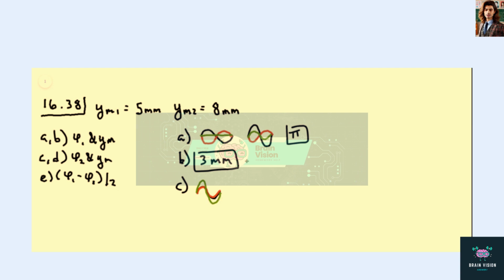Then that's also the case for waves with different amplitudes. And so in this case, again, we can just add them. And 5 plus 8 is 13 millimeters.